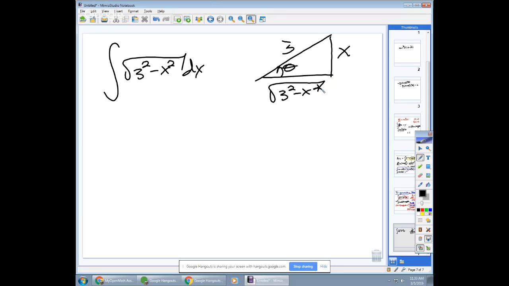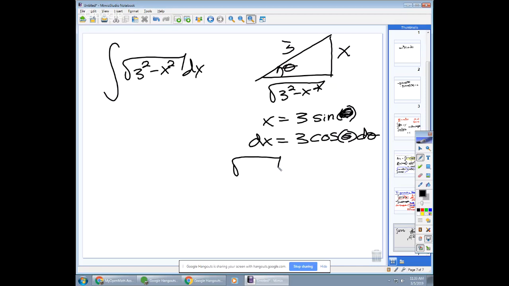That triangle leads to the identities that x is equal to 3 sine of theta. Correspondingly, dx must be then, according to that equation, 3 cosine of theta d theta.